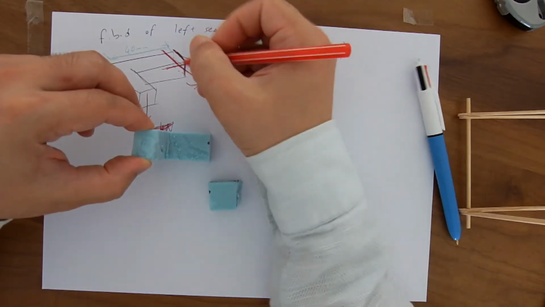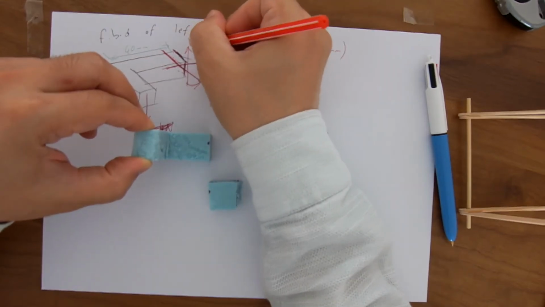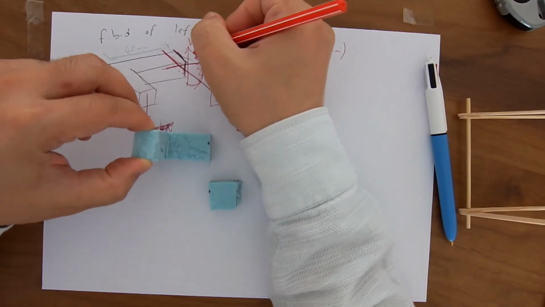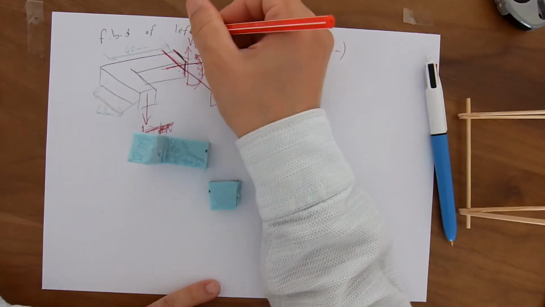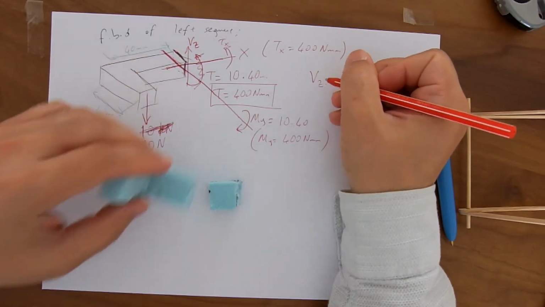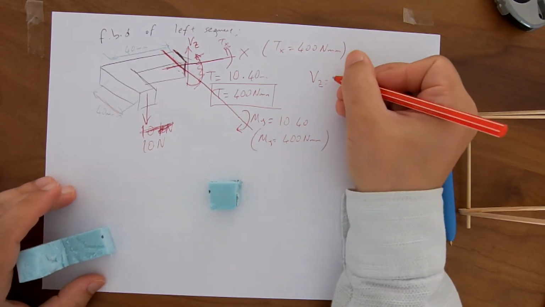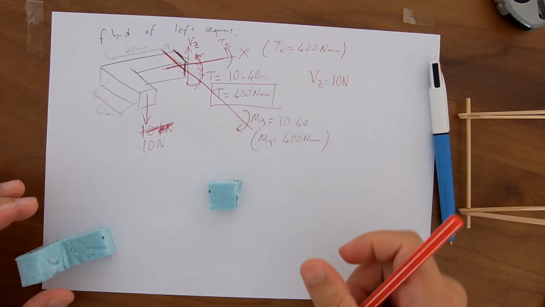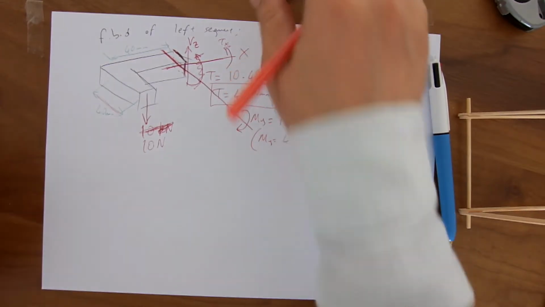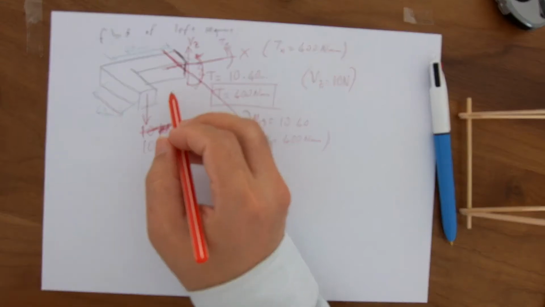Therefore, there is a shear in this direction, and I can say Vz for the sub-index z, because it is in the z axis. Vz is equal to the same magnitude of the external loading, 10 Newton. Now we have determined all the internal loadings on the section.